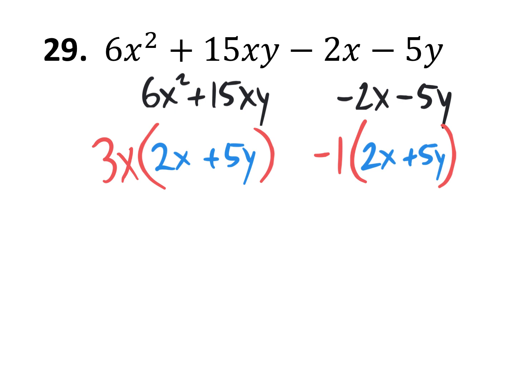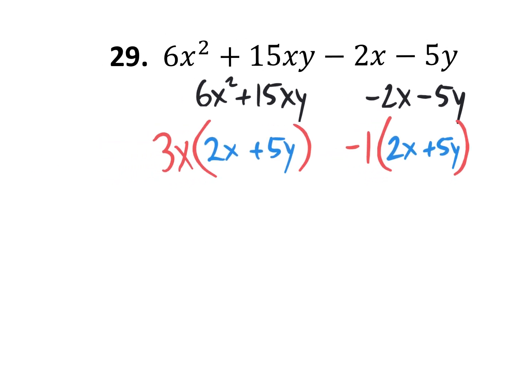And that is a really good thing because look at the first group. The common binomial there is 2x plus 5y. Common binomial here is 2x plus 5y, which means I could actually pull out that common binomial. So the next step on factoring by grouping is to make some exaggerated parentheses and pull out that common binomial, the 2x plus 5y, pull that out over here, 2x plus 5y.